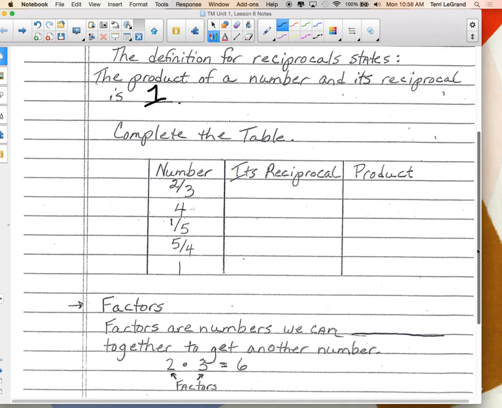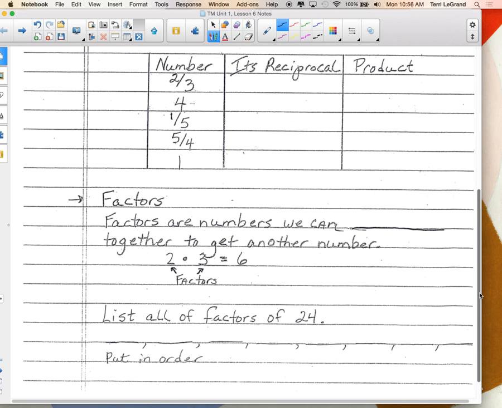So let's do some practice here. Let's take the number 2/3 and write its reciprocal. What's its reciprocal? 3/2. We just invert it. When you invert a fraction, you've created its reciprocal. Now we're going to do the product of those. So we're going to take them times each other. 2/3 times 3/2.